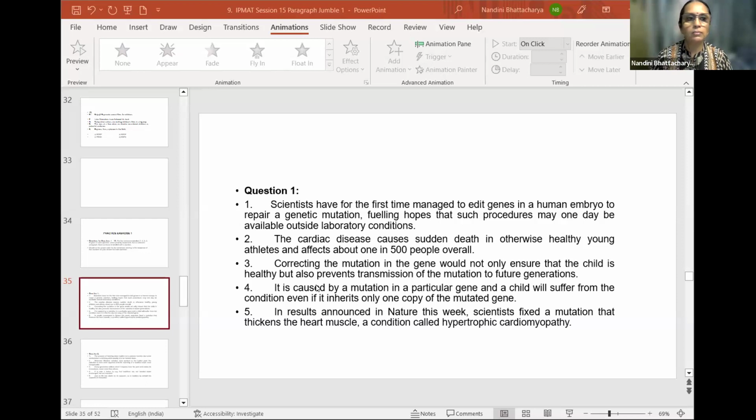In IPMAT, they call them theta questions, where no options are given, you have to write your own answer. Now remember, whether it is theta questions or options given to you, the marking scheme is the same. +4, -1. And you don't want to lose a point. Okay. So let's look at this question and see if we can answer it.